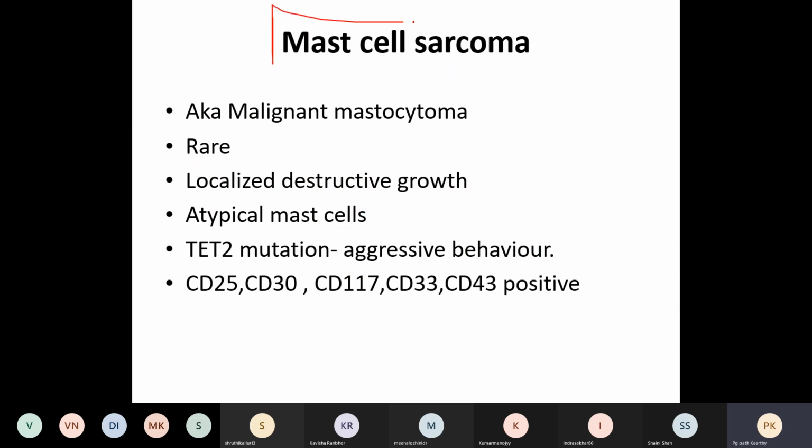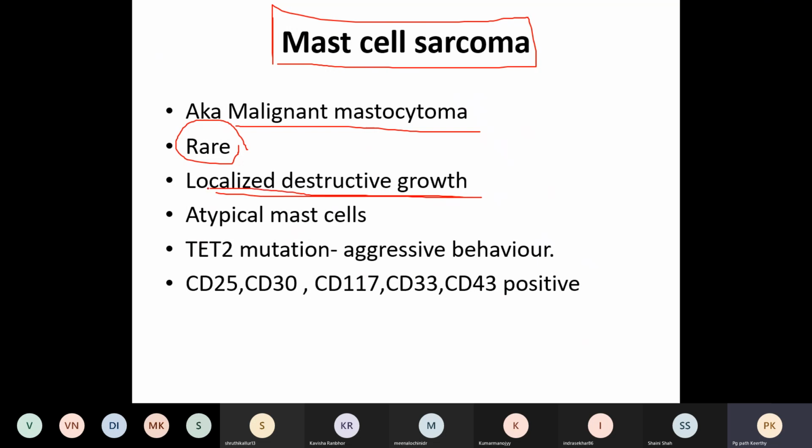Now the last topic for today is mast cell sarcoma, also called malignant mastocytoma. It is very rare. See, the name itself says so. It is very destructive. It destroys everything and you see sheets and sheets of atypical mast cells. Why is it so aggressive? Because it has a TET2 mutation, and because of that it has this much aggressive behavior.